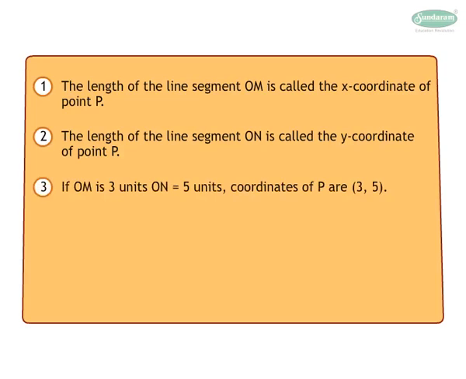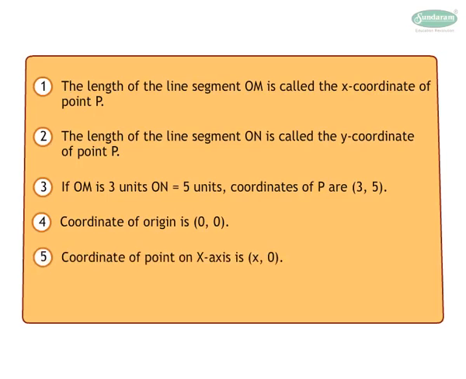3. If OM is 3 units and ON is equal to 5 units, then the coordinates of P are (3, 5). 4. The coordinates of the origin are always (0, 0). 5. The y-coordinate of every point on the x-axis is 0, and the coordinates of a point on the x-axis are always of the form (x, 0). 6.